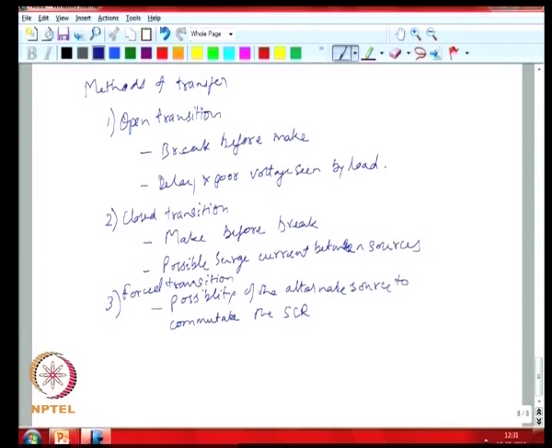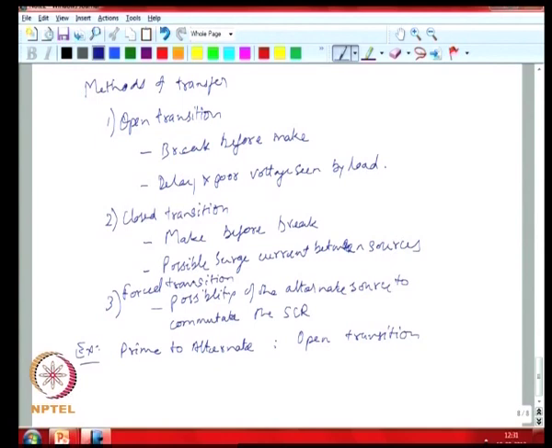For example, when you are going from prime to alternate, you might use open transition, because the prime to alternate transition is because you might have an outage in the main power.